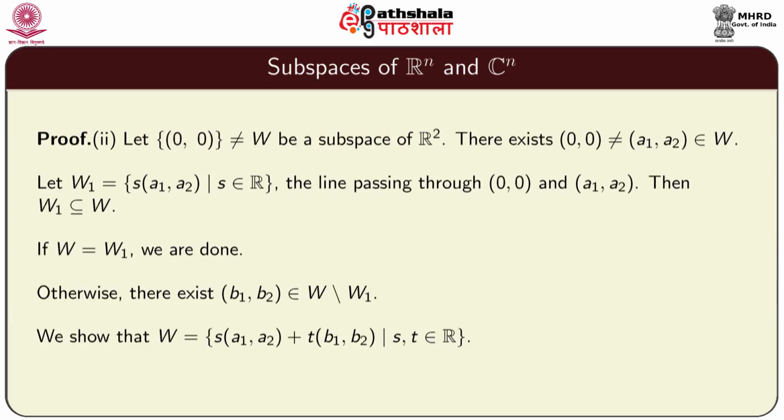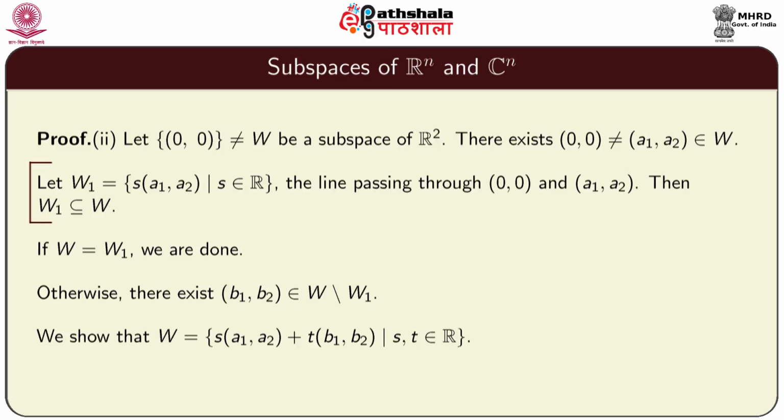Now, the second part of the statement, let us try to classify the subspaces of R2. Suppose that W is not the singleton {(0, 0)} and W is a subspace of R2. That means that there is at least one tuple (A1, A2) in W which is other than the 0 tuple.